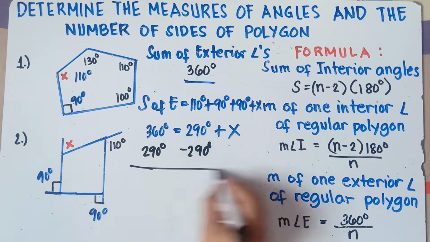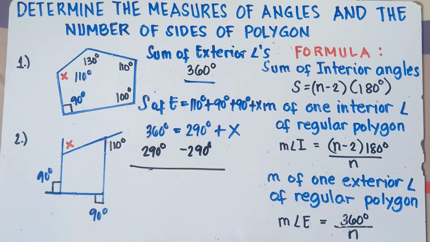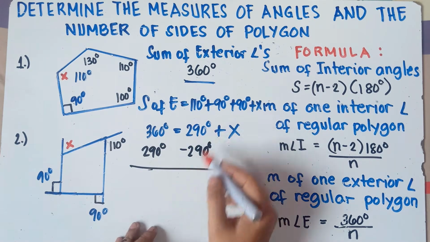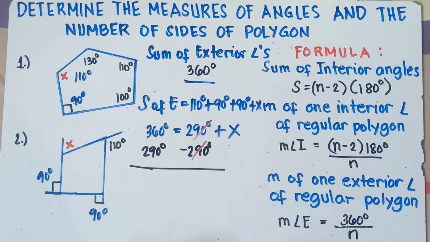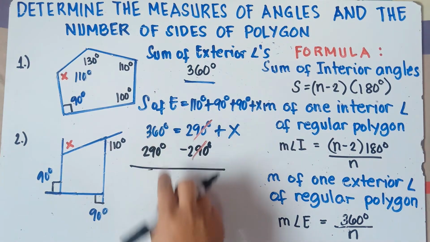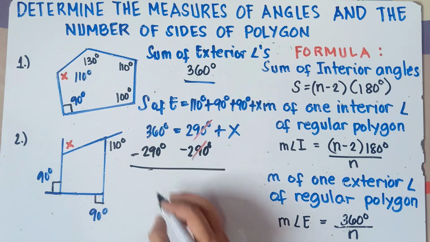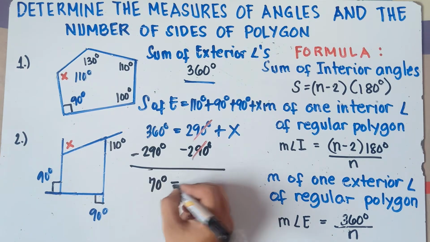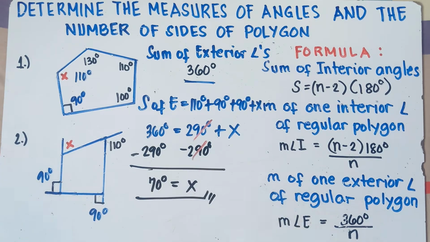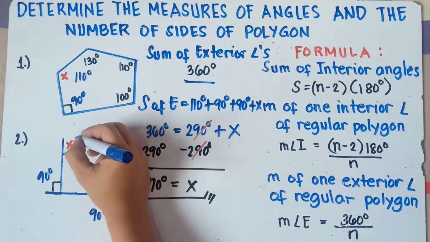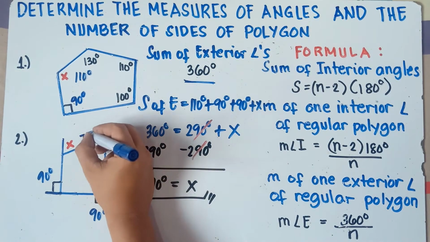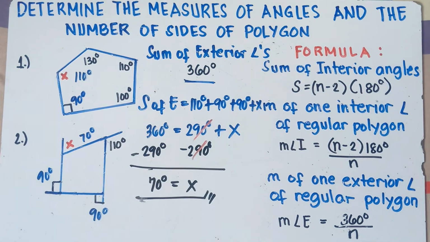It's up to you, class. Which do you prefer? You will have the same answer. Subtracting 290 from both sides, you can cancel this out. And 360 minus 290 is 70 degrees equals x. Therefore, the value of x is 70 degrees. And we're done for number 2, class. Easy, right?